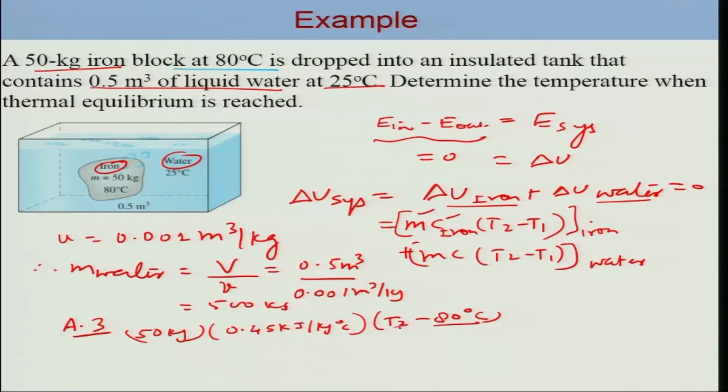T2 is the final temperature. Plus 500 times 4.18 kilojoules per kg K, the specific heat for water, times T2 minus 25 degrees Celsius, and this should be 0. If you solve this, T2 turns out to be 25.6 degrees Celsius. That's how we solve such a problem, making use of the specific heat.